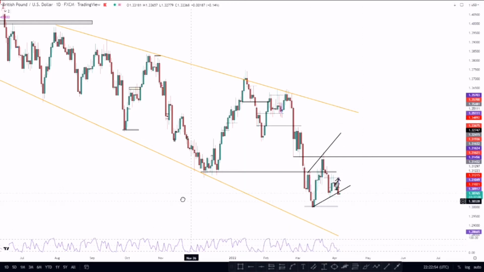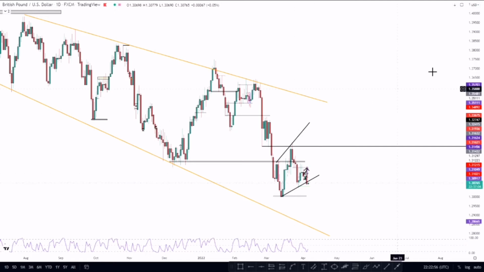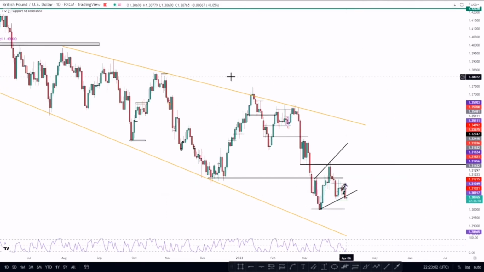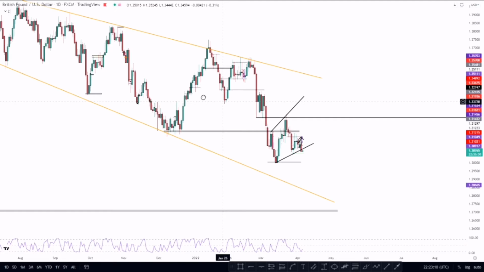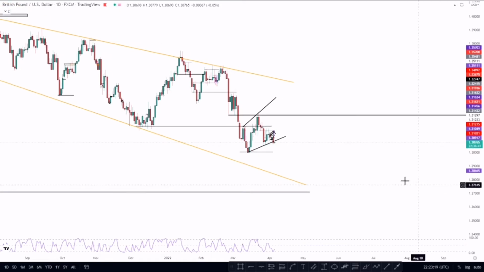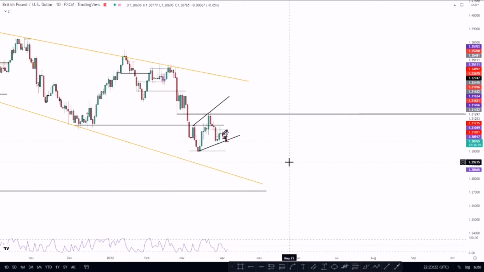Okay, so on the daily time frame, we can see that this channel is beautiful. We have multiple touches on this resistance trend line, multiple touches on the support, and within this channel we have another young channel that we drew here. I think we drew it on 4 hour. We'll get more into that when we get to that time frame, but you can see here, after price made this downward impulse, it did have some retracement.